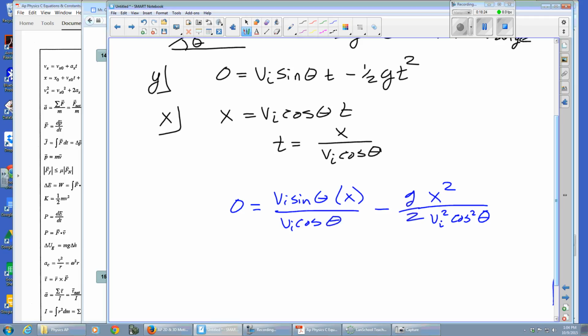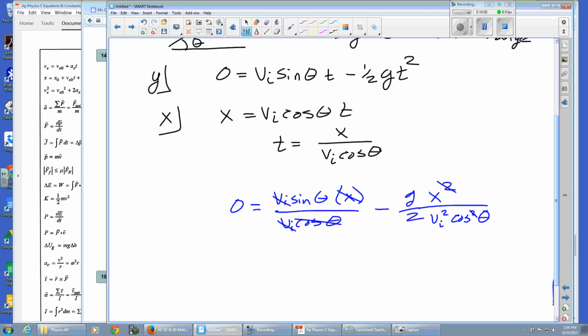Then I can divide both sides by x and get rid of one of the x's, right? And I could also get rid of a cosine because I have a vi. Well, these vi's disappear. I get rid of an x. I'm going to get rid of a cosine.